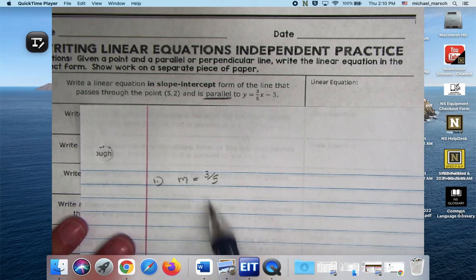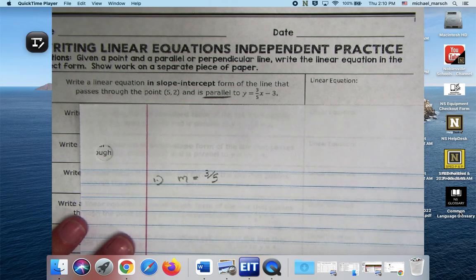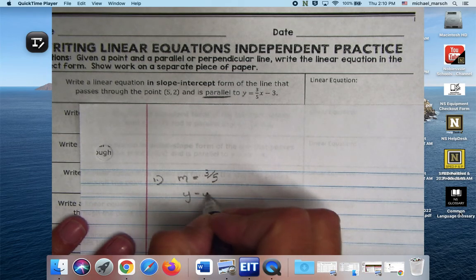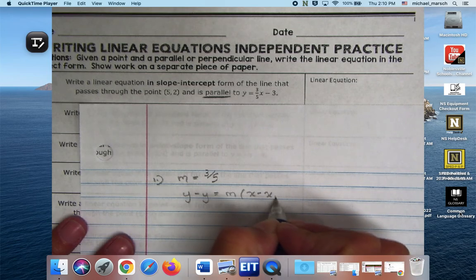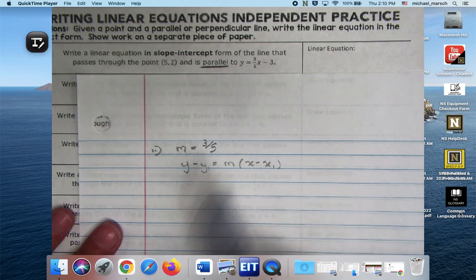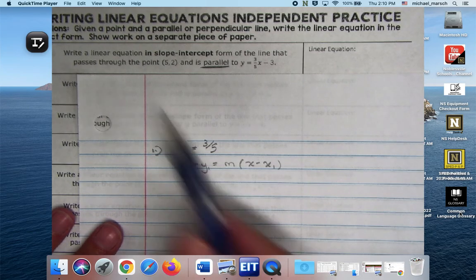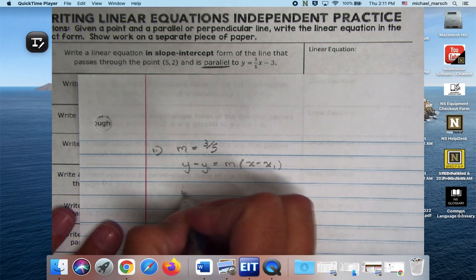So how am I going to write this and then convert it into slope-intercept form? Point-slope form? Yeah. So y minus y1 equals m times the quantity x minus x1. So I have my point and a slope.